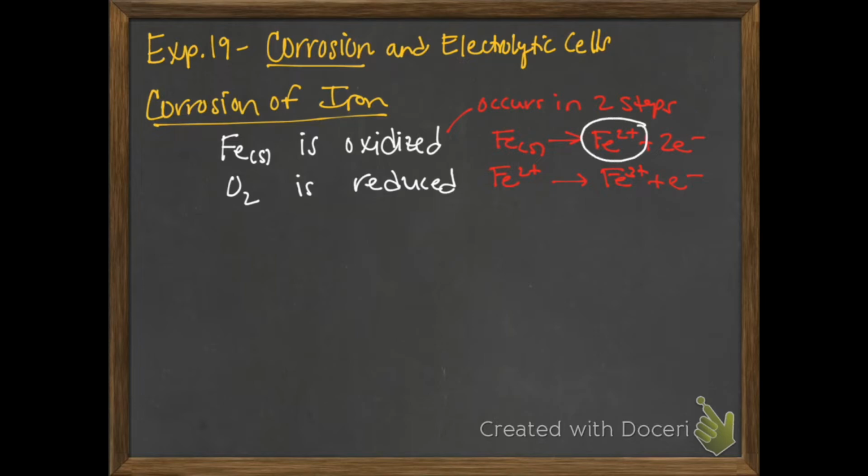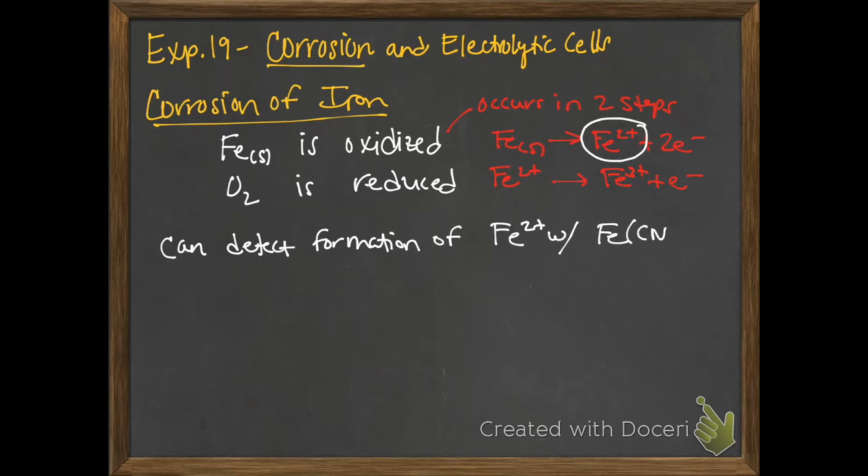In this experiment, we can identify that iron 2+ was produced by adding a color indicator. We can detect the formation of iron 2+ using an indicator, and in this case, that indicator is a complex ion, hexacyanoferrate 3. That reacts with iron 2+ in the process I'm writing here.